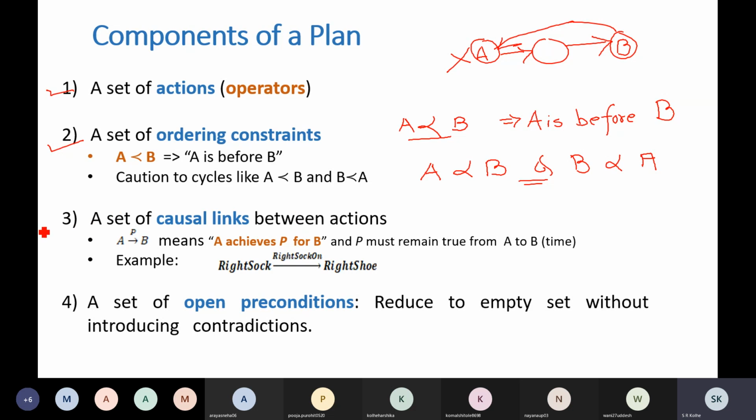Okay. Third component, we will have a set of causal links between actions. Something like this.